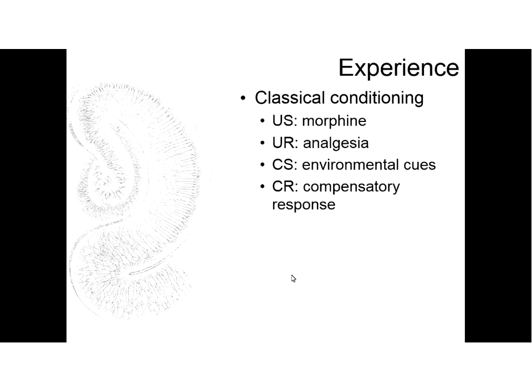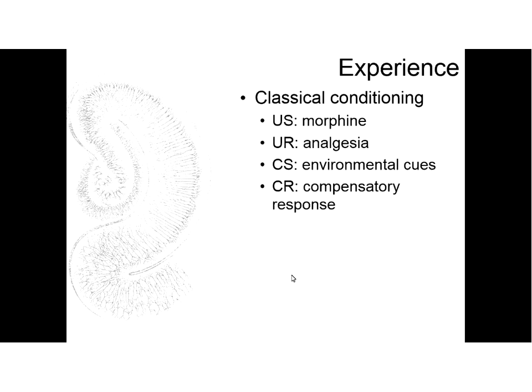Now, if you continue taking the drug in the same environment, then what happens if you go into a brand new environment? You take away those environmental cues. In that situation, you'll be giving the same dose of morphine. It's much higher than you were ever able to tolerate the first time, but now you don't have the body being prepared for that. And what we see is that you'll tend to overdose.